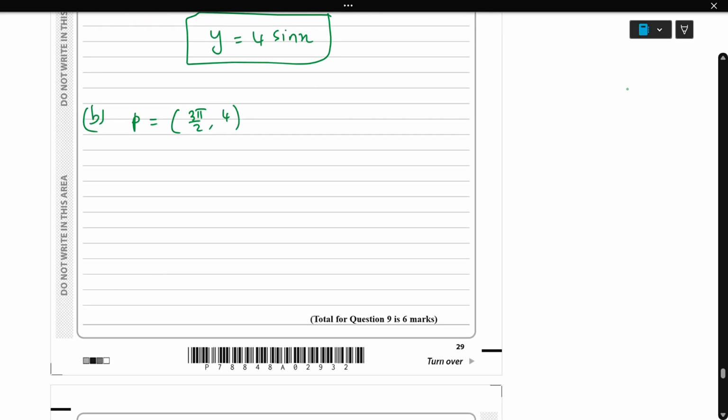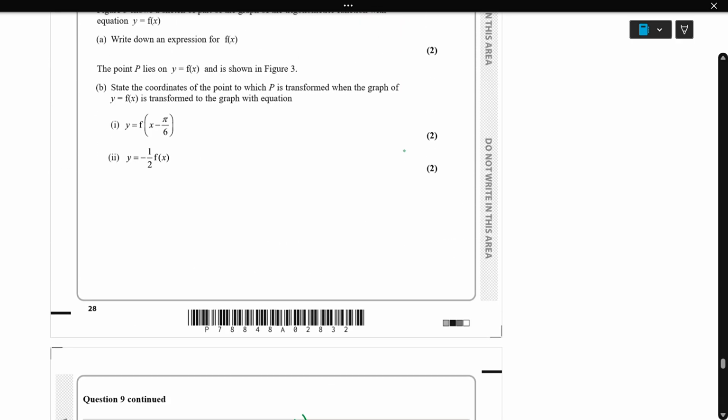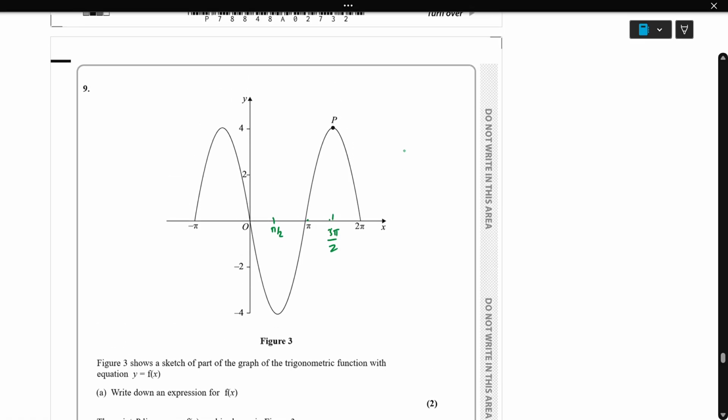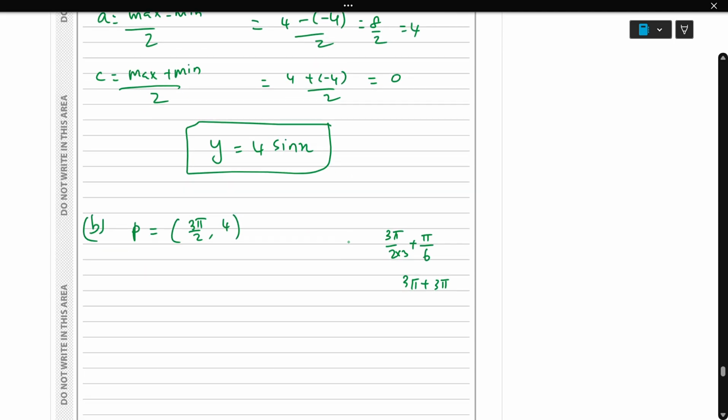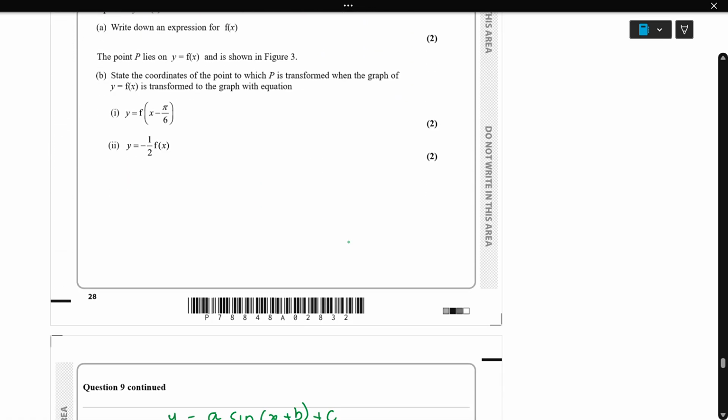So 3 pi by 2 plus pi by 6, so here it is times 3. 3 pi by 2 plus pi by 6. So it moves pi by 6 units right.